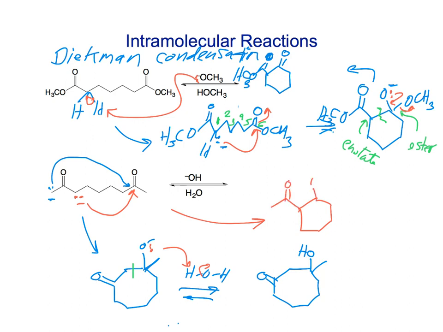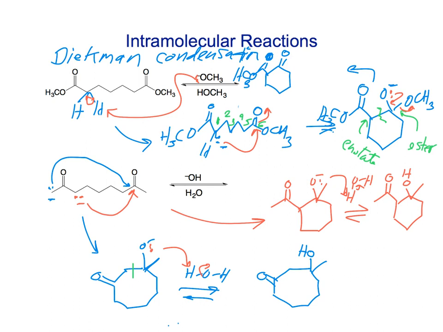And here would be our tetrahedral intermediate, which we could then protonate like this. And we would get this product. Okay, both products are beta hydroxy ketones.